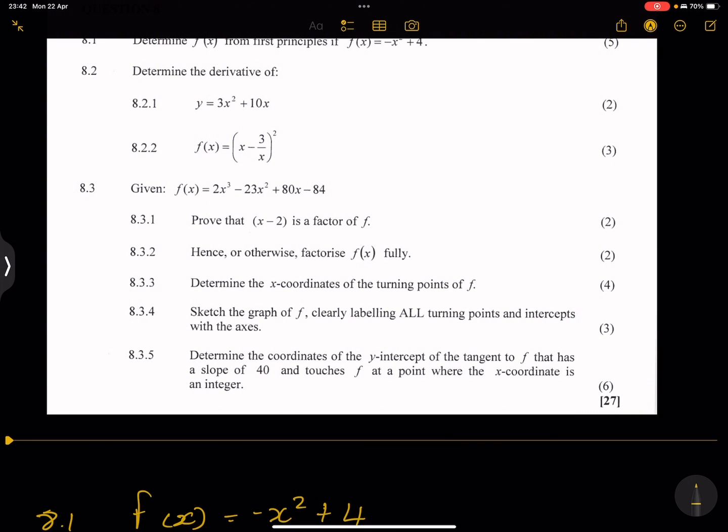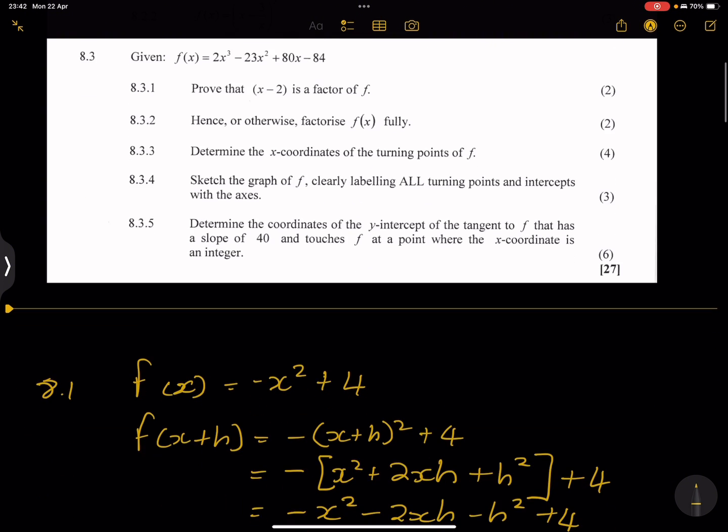The x-coordinate is an integer, so in this case we're going to take x equal to 1. And we want the y-intercept, so the gradient of the tangent is 40 at x equal to 1.